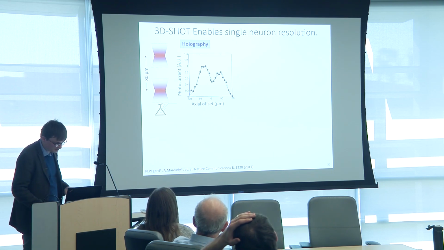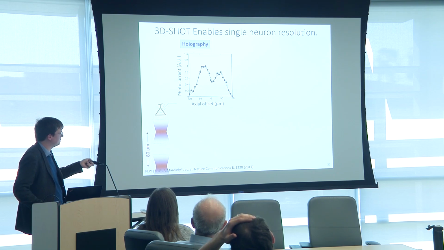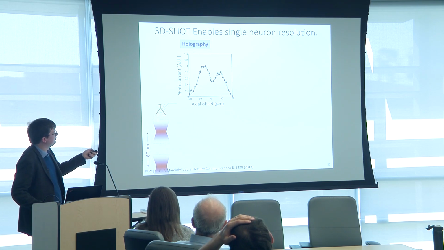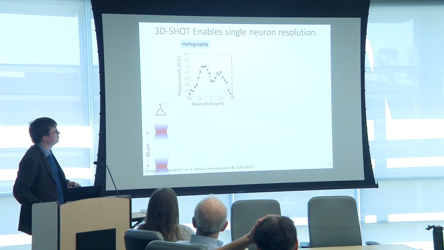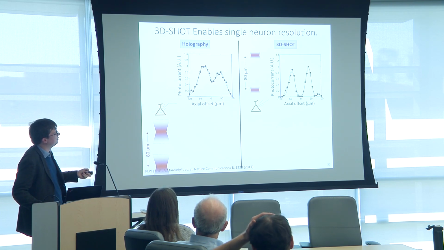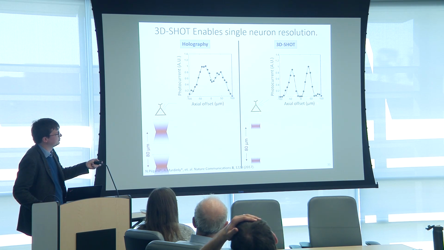We did another experiment that's a little bit funner. You take 2 spots, so a single hologram with 2 spots separated by a given distance here. You patch a neuron, and you see with holography that you have this distribution of photocurrent. And if you do the same thing with temporal focusing, you can bring your photocurrent down to 0.